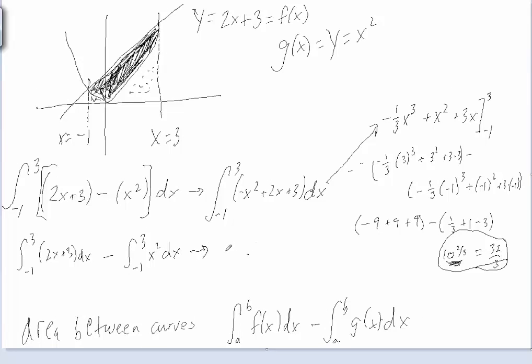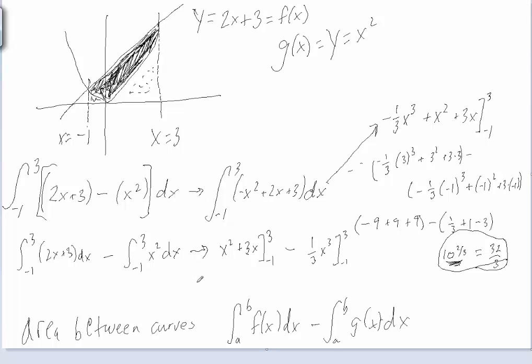So we're going to find the area under 2x plus 3, so that will give us x squared plus 3x from negative 1 to 3, minus 1/3 x cubed from negative 1 to 3.